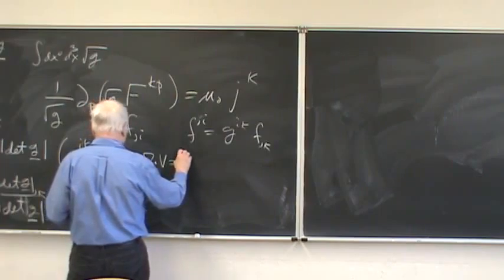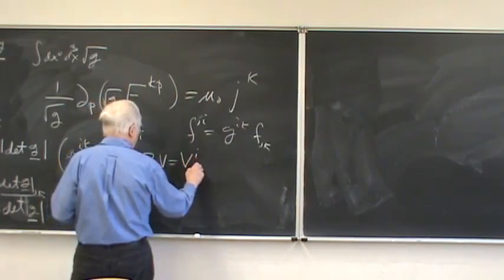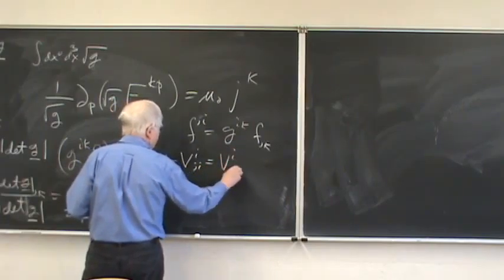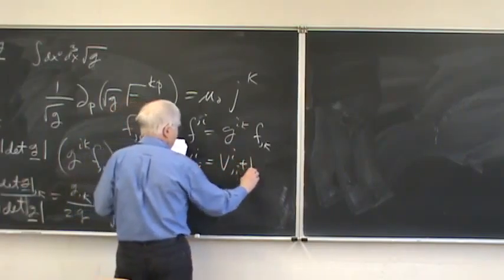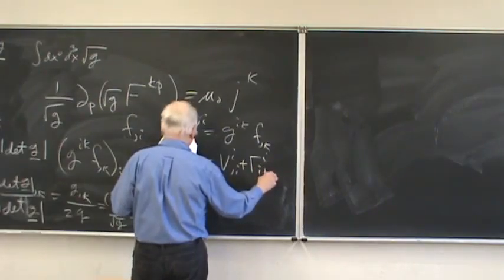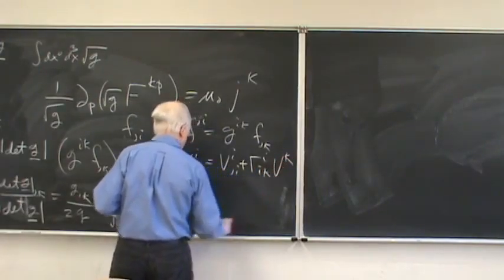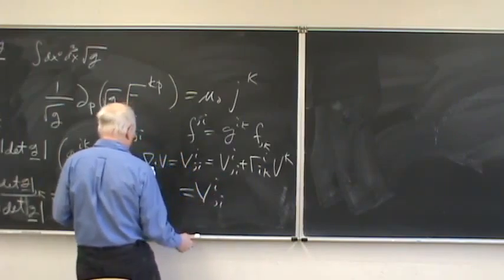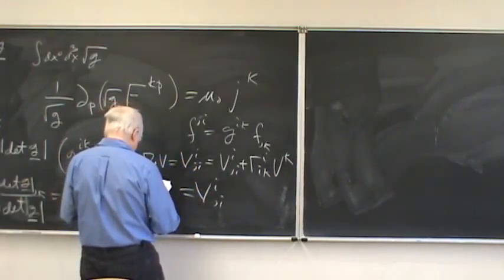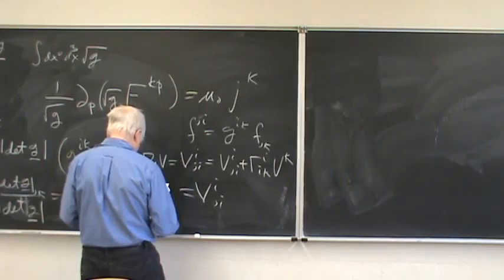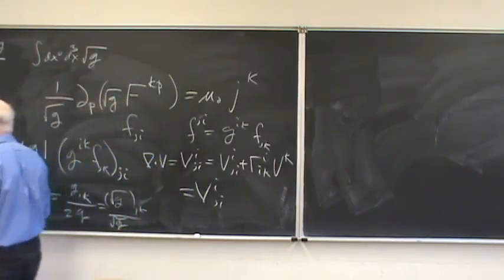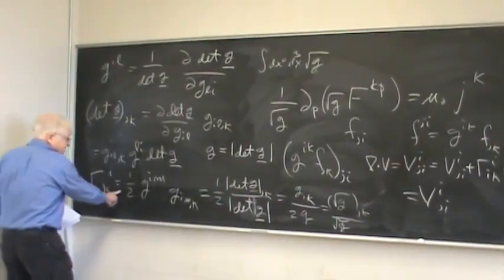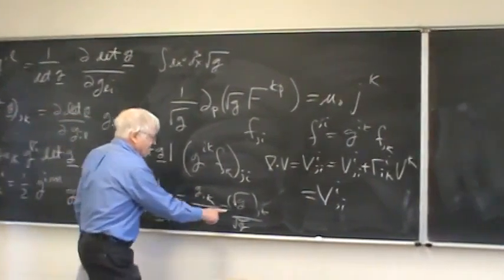Okay, so this was v^i semicolon i, and that's then v^i comma i plus gamma^i_ik v^k. And so this is equal to v^i comma i, the ordinary divergence, plus, and now let me just get this straight, this gamma^i_ik is this thing, which is that thing.